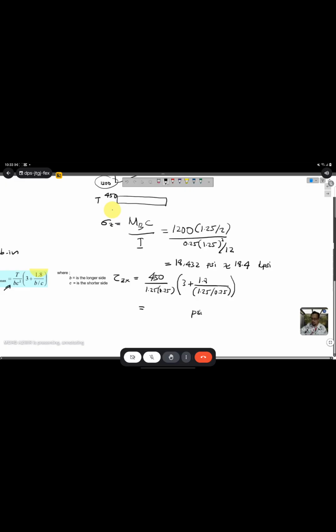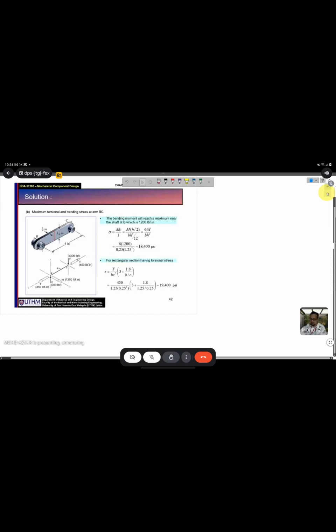And then for shear, 19,353.6, so about 19.4 kpsi. Yes, 19.4 kpsi. Okay, correct.